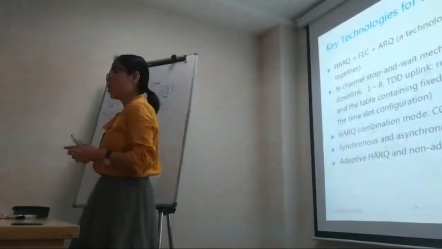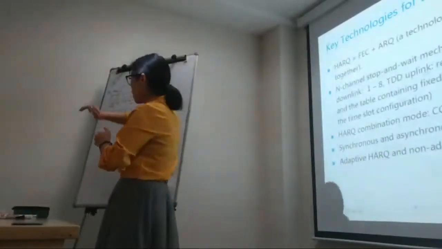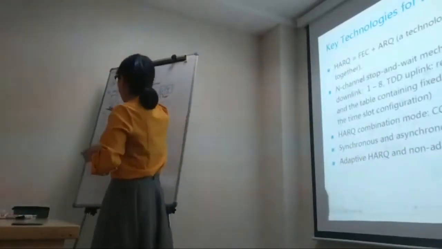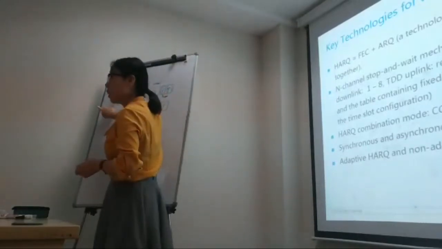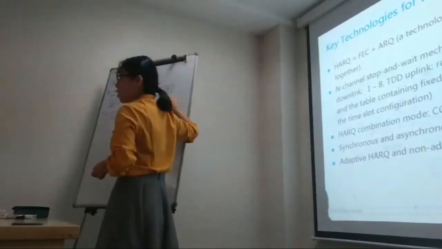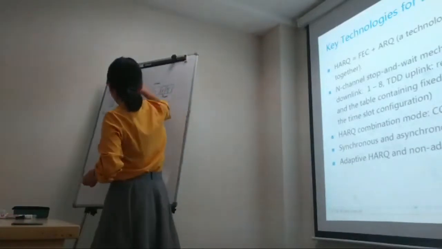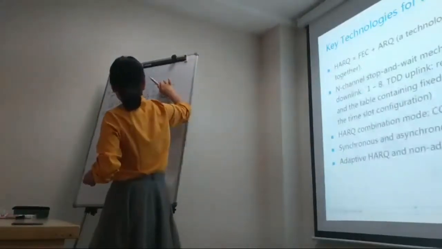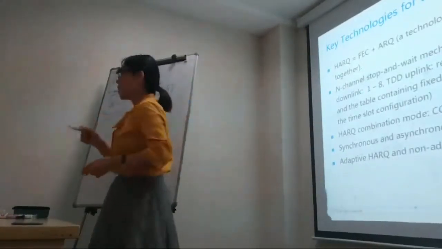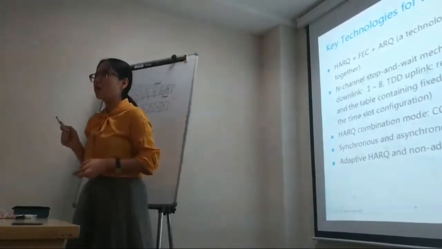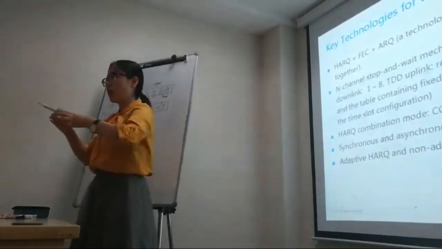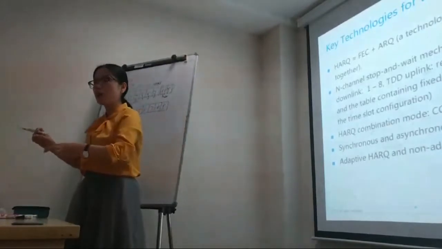So if we don't consider asynchronous and just consider the fixed time, that means from the first data I transmit to the next data I transmit, in total I can transmit 8 HARQ processes, right?